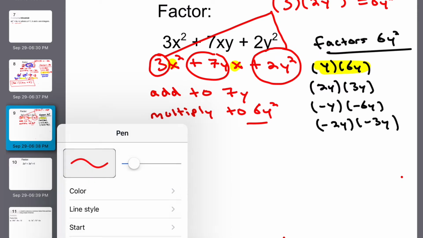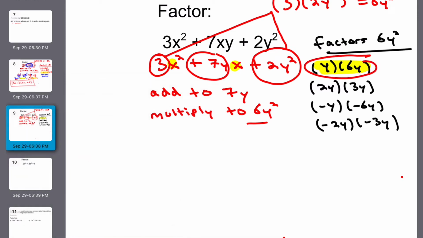Okay, and remember, once you get those numbers for complex trinomials, you're not done just yet. We have to fill in our middle term with those. Okay, so I'm going to rewrite my first and last term as is. 3x squared, and then we got a plus 2y squared. And in the middle, remember, the variable is x, and y is part of the number.